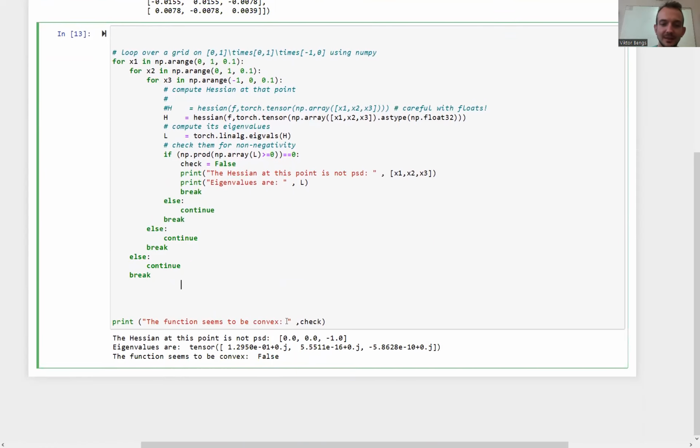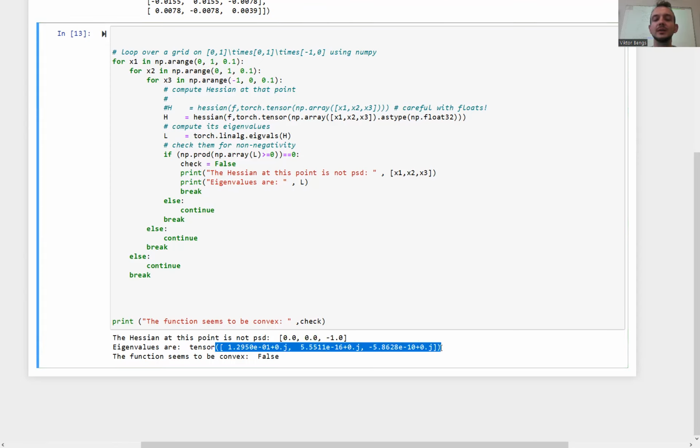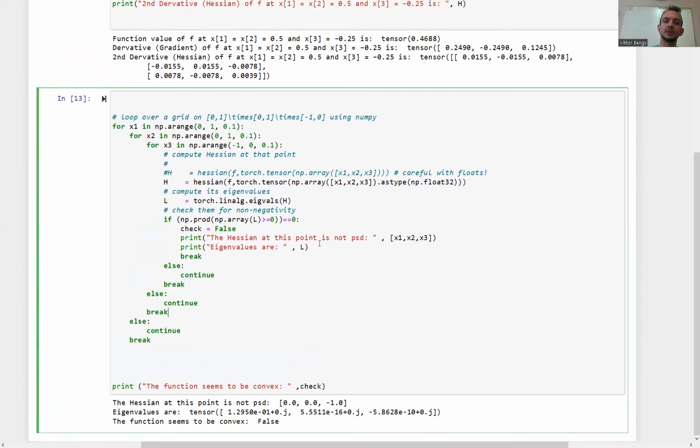And well, what you see at the very first iteration, so you see I used here as the starting point 0, 0, -1. And at this point already you have that one eigenvalue will be negative. So here you see -5, so small but still negative, and so convexity is not fulfilled.